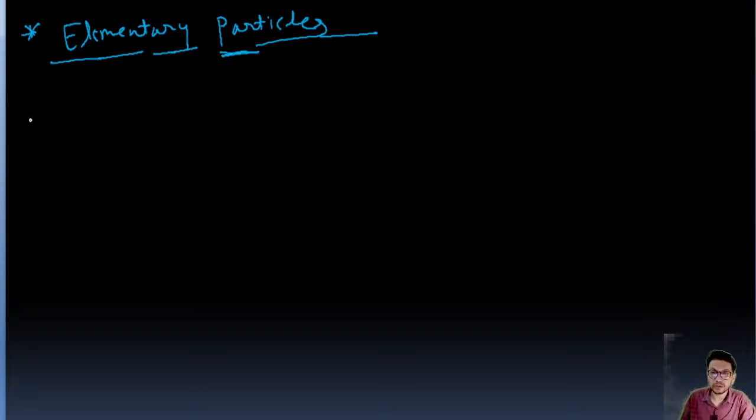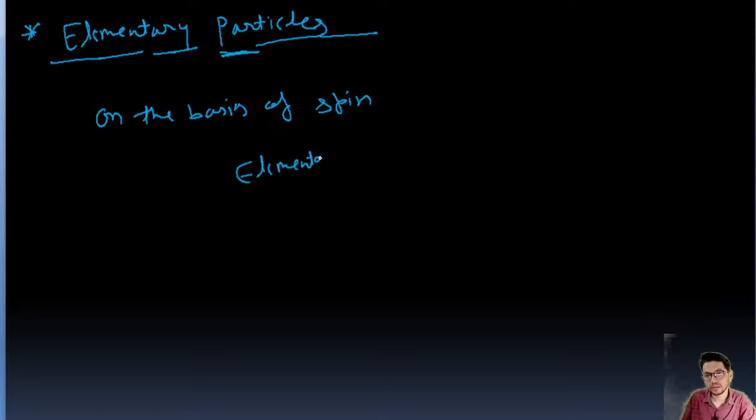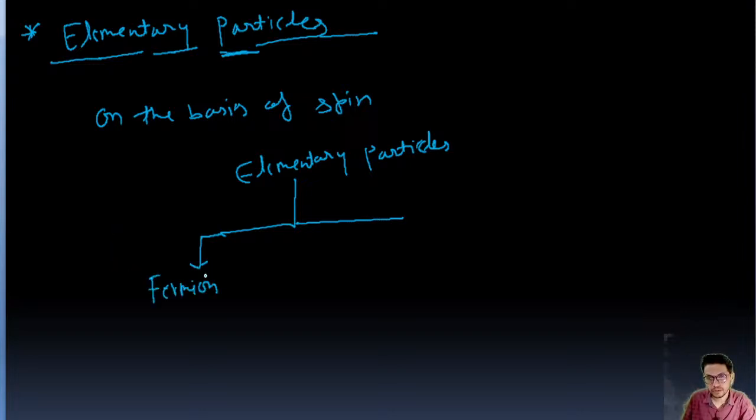Now on the basis of spin, we are categorizing elementary particles. The elementary particles are of two types, guys. The first is fermion, and the second is boson.